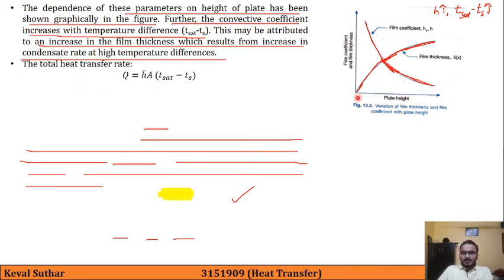And this is the variation of film coefficient and film thickness with respect to plate height. So as plate height increases, the film thickness increases, and the film coefficient decreases.